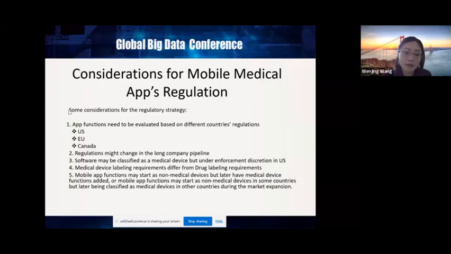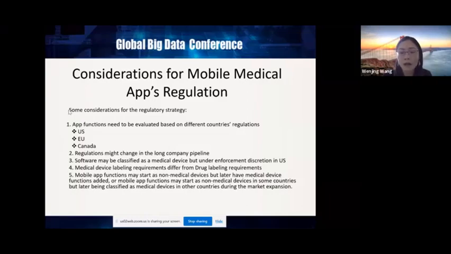Another point is the software could be classified as a medical device, but under enforcement discretion in the US. That means if you have software that's considered a medical device in the US, but because the risk level is too low, it's only falling under the enforcement discretion. But because the enforcement discretion category is also very new, it started after COVID, when FDA had a lot of requests and felt overburdened.